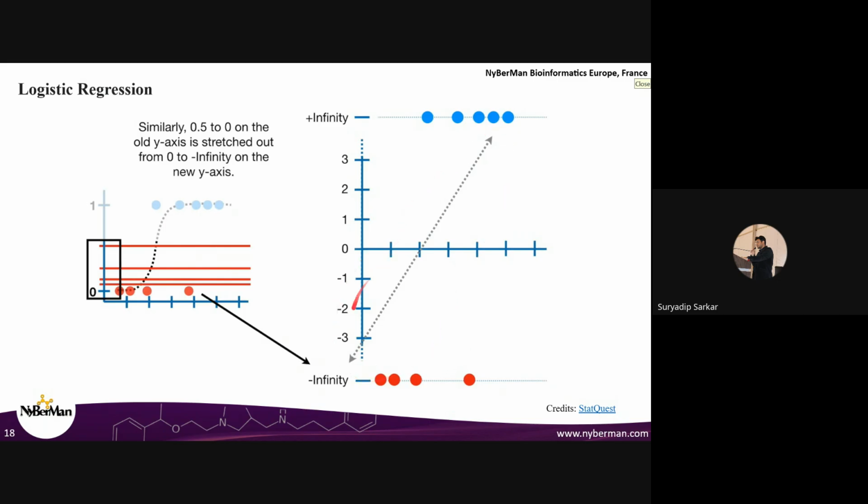If you think about it, the problem looks a lot more like a linear regression problem, because now the scale goes from minus infinity to plus infinity. We have data points, so we have two continuous variables per se. The problem has started to look a lot like the linear regression problem that we did yesterday.